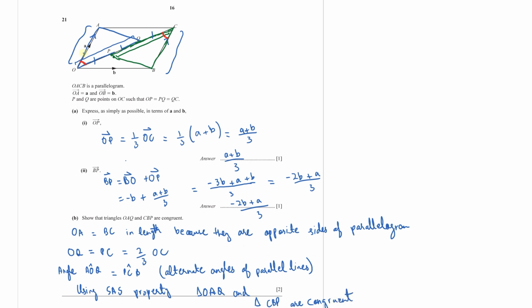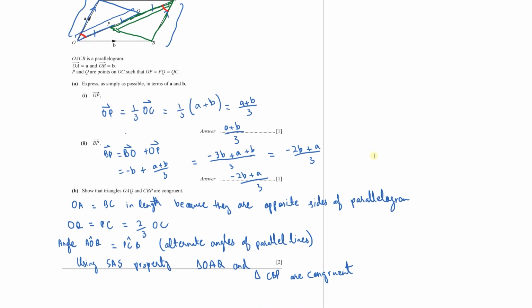So we have this angle and the two sides that make up this angle and two sides that make up this angle. Both of these triangles, these angles and these two sides are equal, so they are congruent by using the SAS property, two sides and the angle in between them specifically.